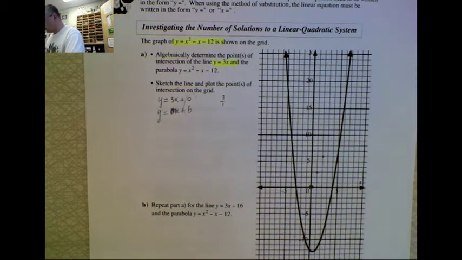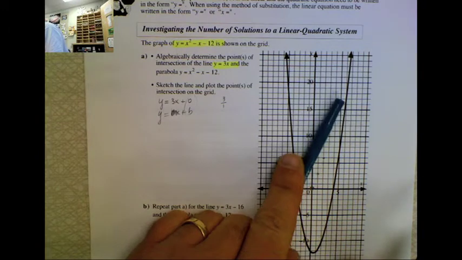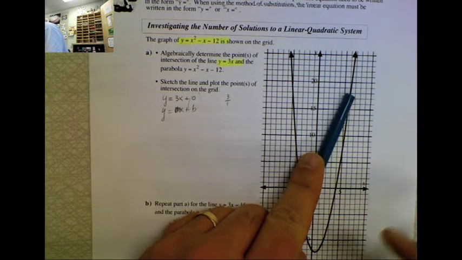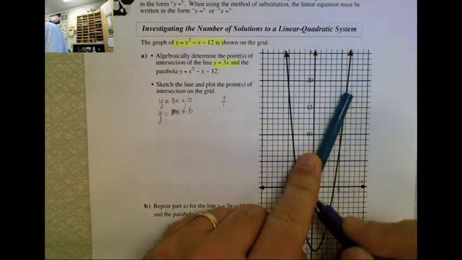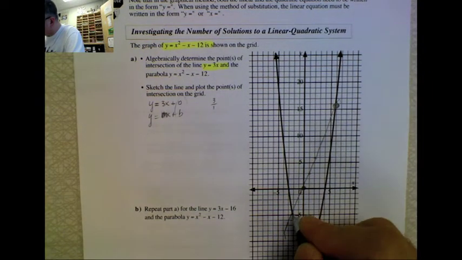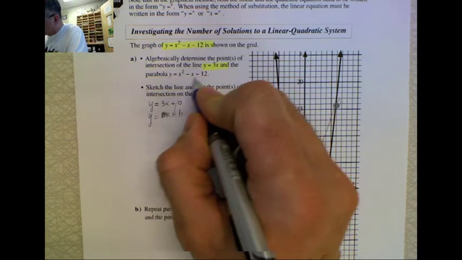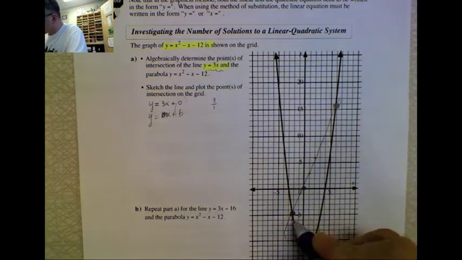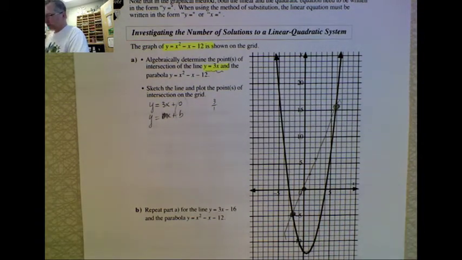So if I take a pen, use it like a ruler, and draw in this line, what we're going to notice is that this particular line, y equals 3x, has 2 points of intersection on this quadratic.